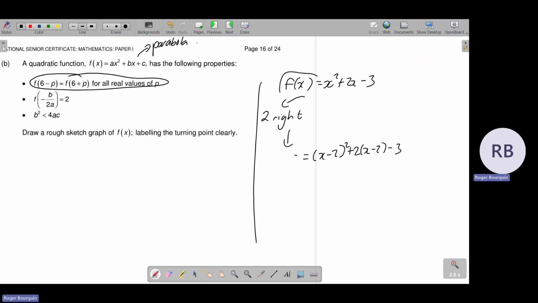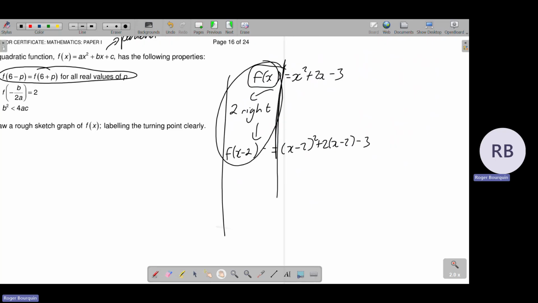But if I just told you it's f of x, and forget about the actual equation, even if I didn't know the equation, any equation in the world, if I want to move it 2 to the right, I change every x into x minus 2, so it becomes f of x minus 2. That shifts the graph 2 to the right, no matter what kind of graph it is, because it means replace every x with x minus 2.